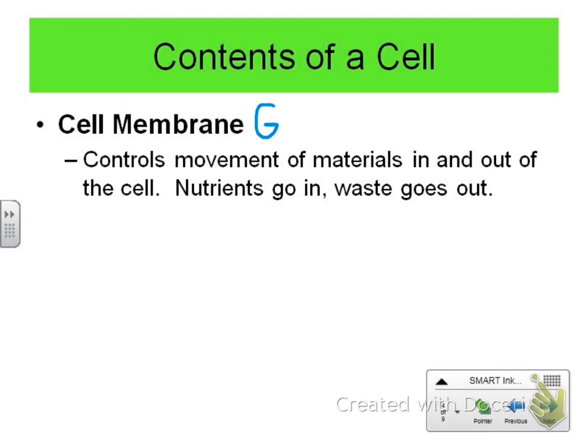Now the definition of a cell membrane: it controls movement of materials in and out of the cell. It says, okay, you're good, we want you, so come in. It also says, we don't want you, we're done with you, go out. So nutrients go in, waste goes out.